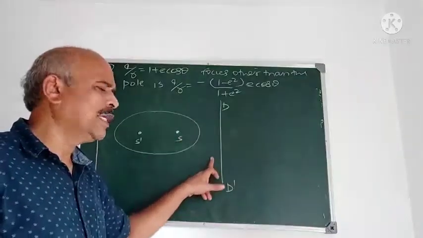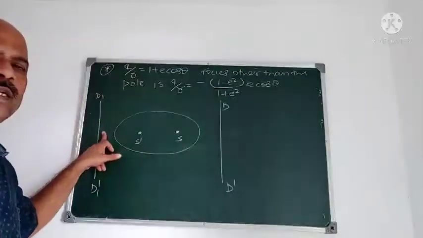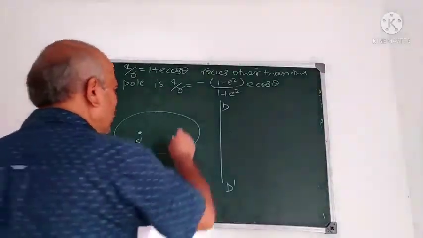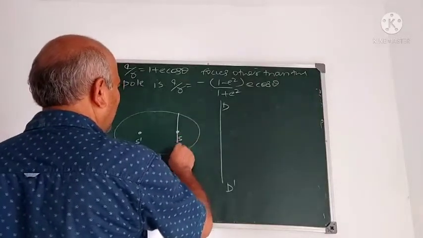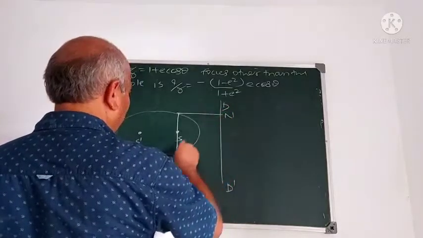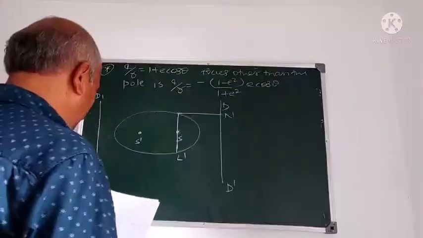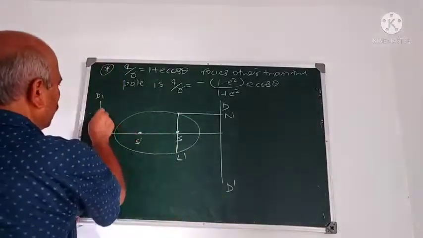What is the equation of this directrix? l by r is e cos θ, but we require this other directrix. How to do that? Consider this latus rectum, L L dash is the latus rectum. Draw LN perpendicular. Now S is the focus here, and S dash is another focus.